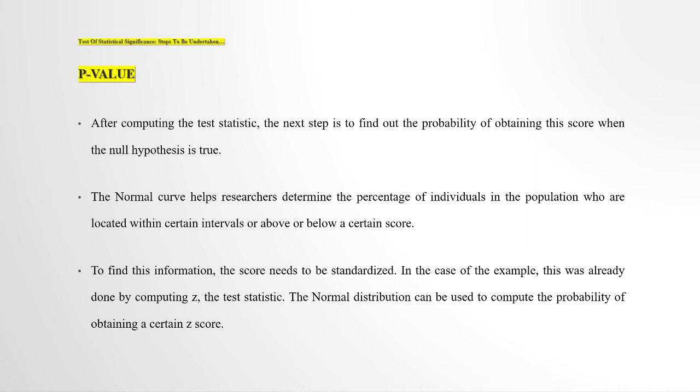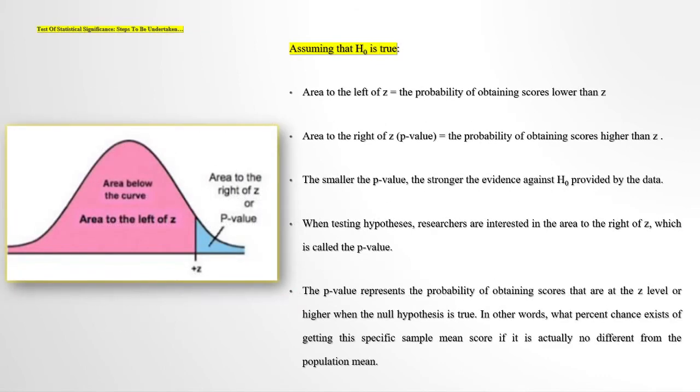Now to find this information, the score needs to be standardized. In this example, this was already done by computing the value of Z, which is the test statistic. So the normal distribution can be used to compute the probability of obtaining a Z score. Now see what happens here. We are assuming that our null hypothesis is true.